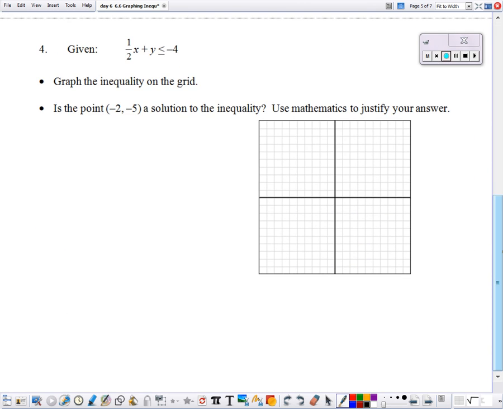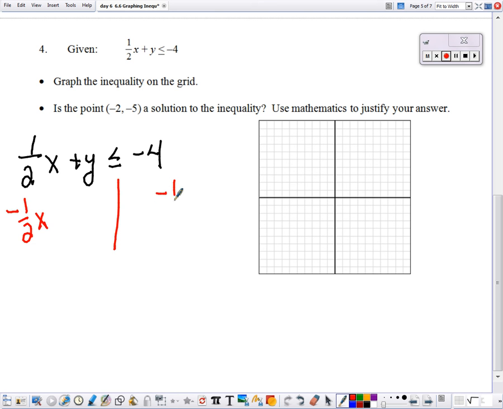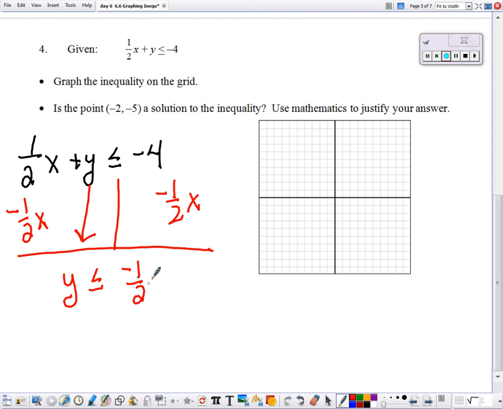One more to do together, and then you're going to practice on your own. I'm going to bring this down because I have to solve for y. How do we move the x to the other side? This comes down. So to graph this, I'm going to start at negative 4, go down 1 and over 2.